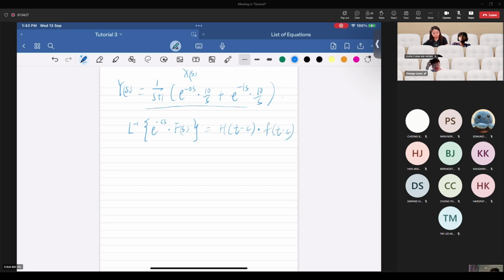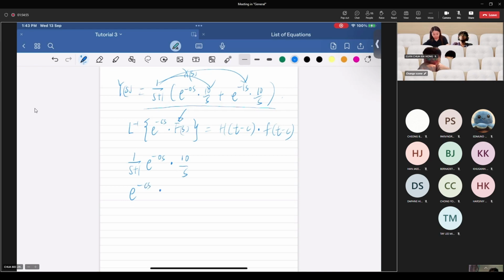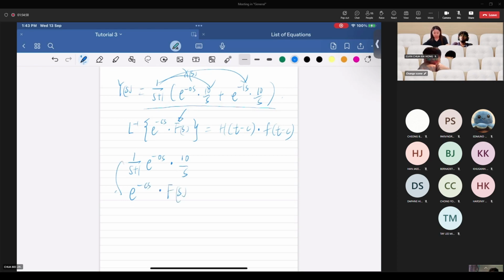Now everything is already in s response, you have to make the pattern similar to this one. For example, I'll be having 1 over (s+1) e^(-0s)·10/s, because I do the expansion. So I solve the first part. How to have this pattern, fulfill the pattern, look the same like this?